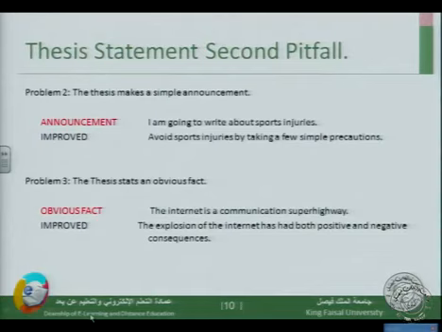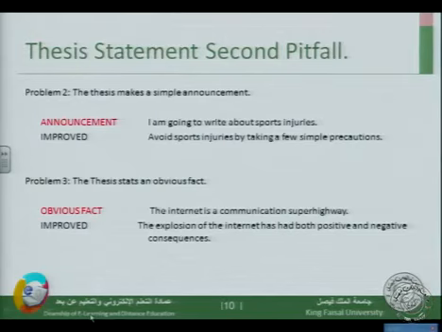Then the third pitfall is if your thesis states an obvious fact, for example, the internet is a communication superhighway. This is a fact. It cannot be a thesis statement. There is nothing new. Where is your point of view? Everybody knows that the internet is a communication superhighway.